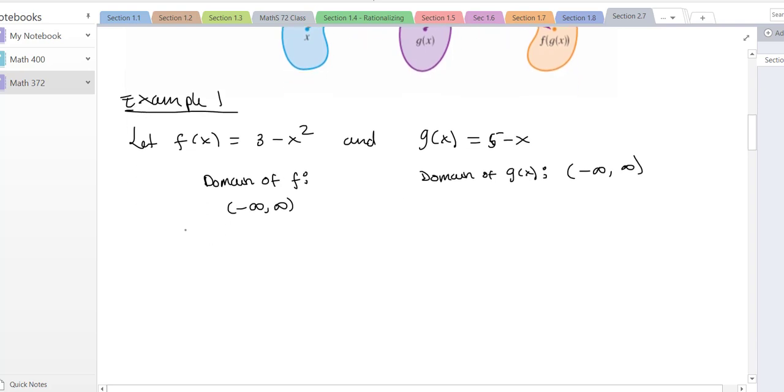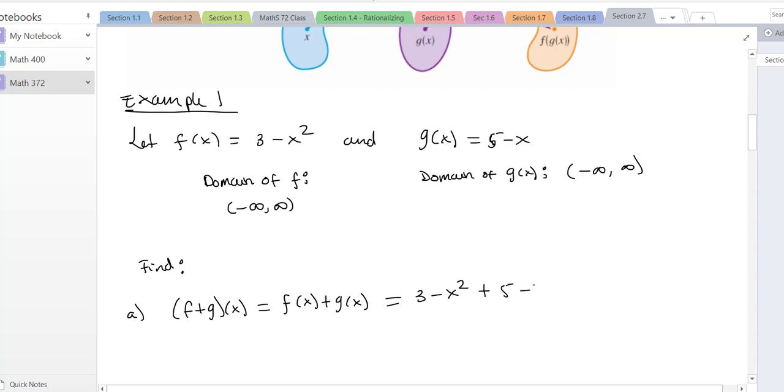So let's try finding all the different combinations that we can have with functions. Let's start with f plus g of x. This is the notation, but it means f of x plus g of x. So taking our functions, f is 3 minus x squared, plus g of x, which is 5 minus x.